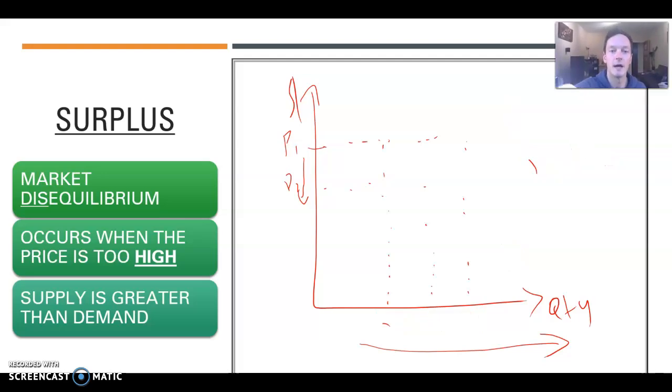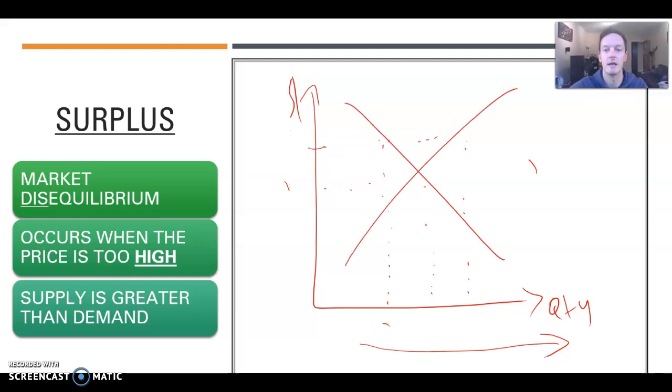Let's say we've got our demand and our supply lines back in here. So we've got there and there, and we were at equilibrium. Let's say we already are at equilibrium here at price one. And then due to some really unfavorable growing conditions, there is a shift to the left of supply. So the whole curve is moving here.